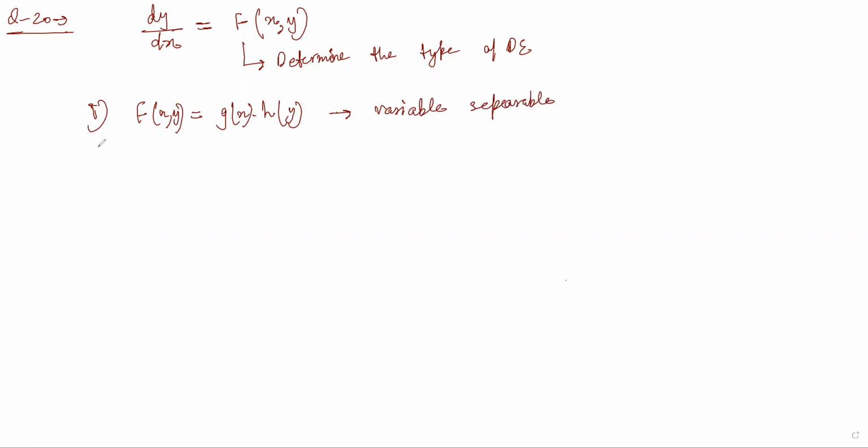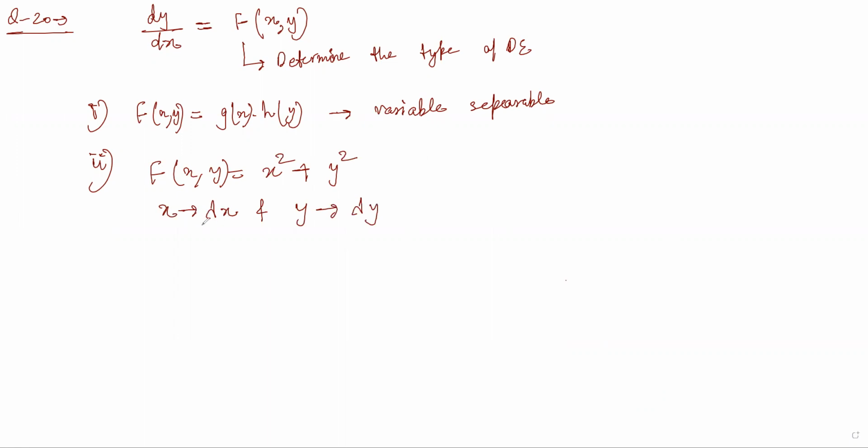In the case of homogeneous differential equation, if you replace x and y with lambda x and lambda y. So let's understand this first before this. Let's say I have some function f of x comma y, which is x square plus y square, right? Now, what I'm doing is I'm replacing x with lambda x and y with lambda y.